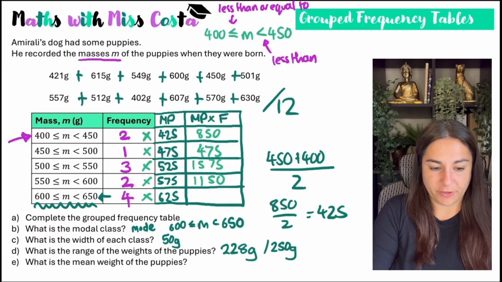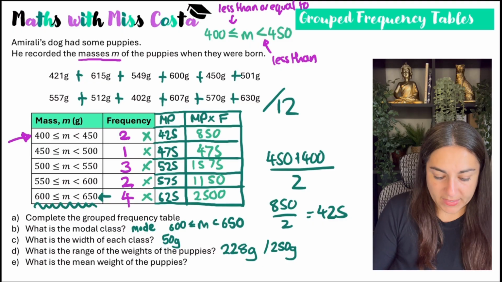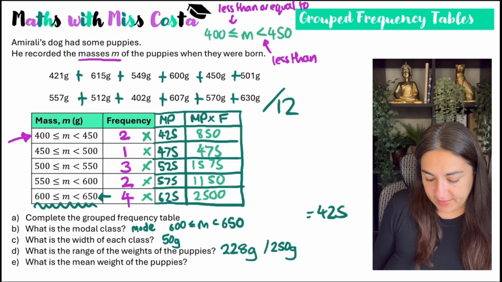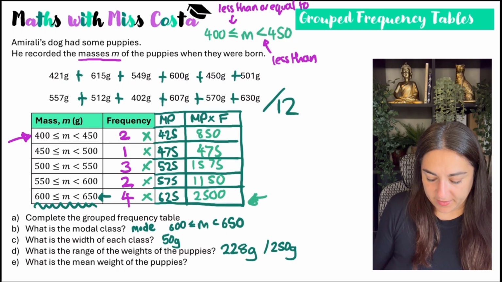And 4 times 625 is 2,500. And what we do is we add the midpoint times frequency column. So we add all of this together and we divide by the total frequency.